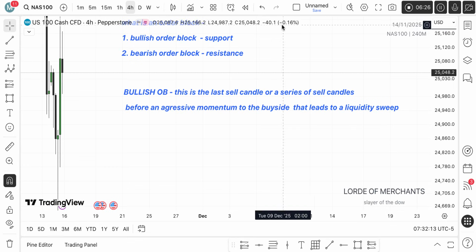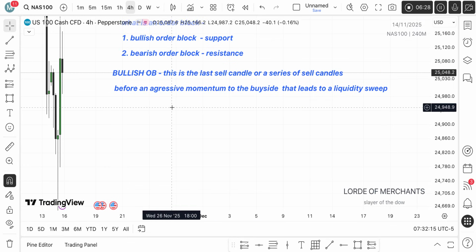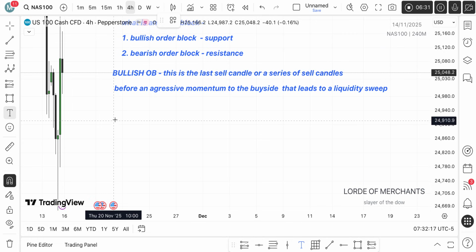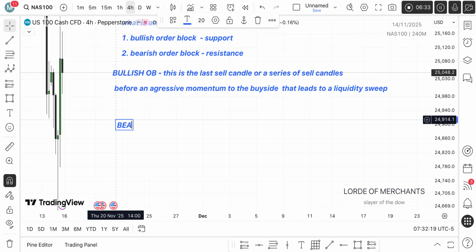So let's also look at what a bearish order block is. So I'll have this one and write bearish order block right there. So what is a bearish order block?